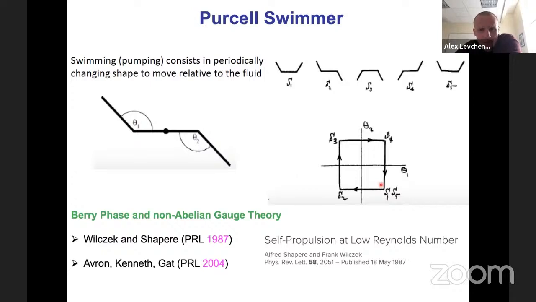That starts to resonate with things like Berry phases and some adiabatic invariants and so on. And that's all true, and it's all a very beautiful connection. At this point, I just make reference to the beautiful work of Wilczek and Shapere, and Avron, Kenneth and Gat, who showed that swimming in a highly viscous environment by just changing the shape of the swimmer is actually connected to non-abelian gauge theory and so on.